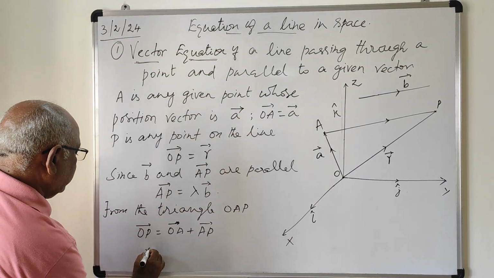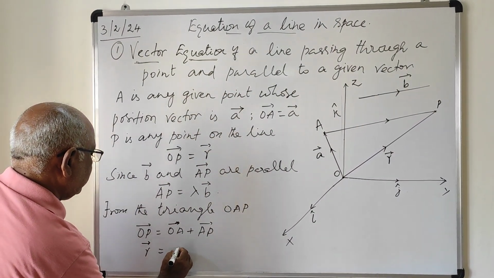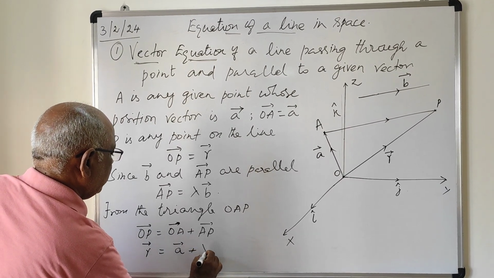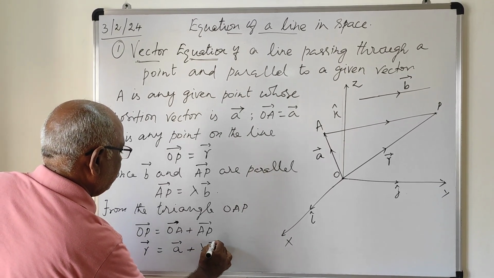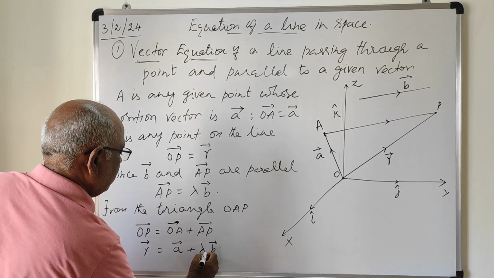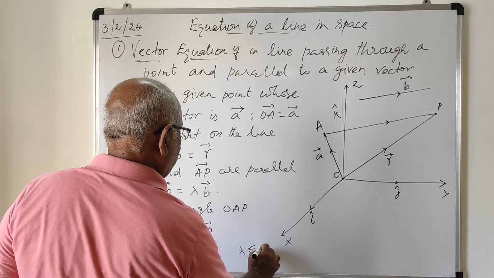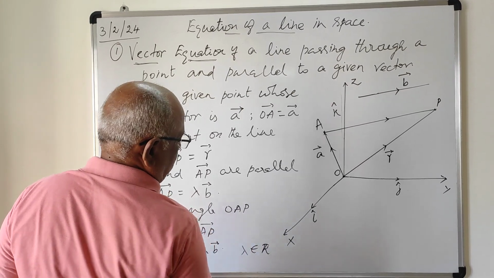OP is vector r, OA is vector a, and AP is lambda times b. Lambda is any scalar, a real number.